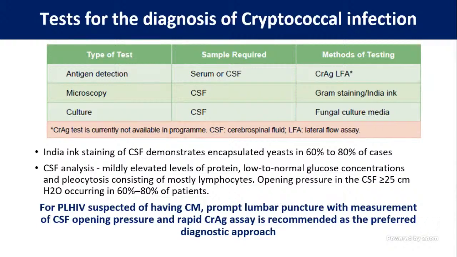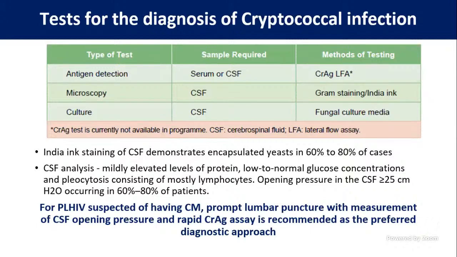So you can detect cryptococcus by three methodologies. Number one, you can test for the antigen of cryptococcus, that is called the cryptococcal antigen, or you can detect the organism by microscopy, or you can detect the organism by culture.